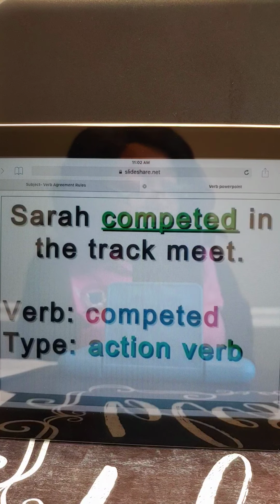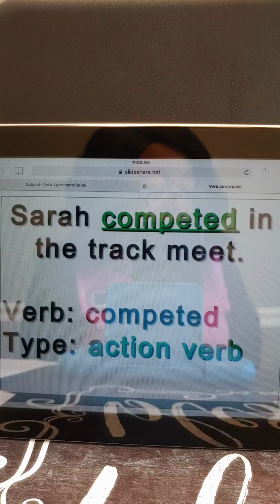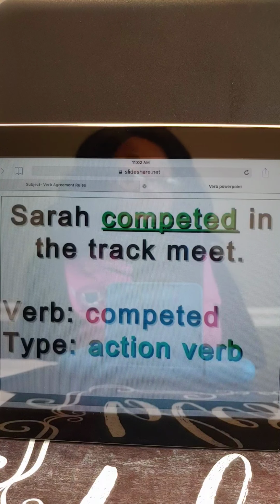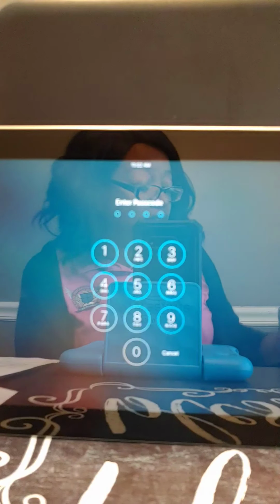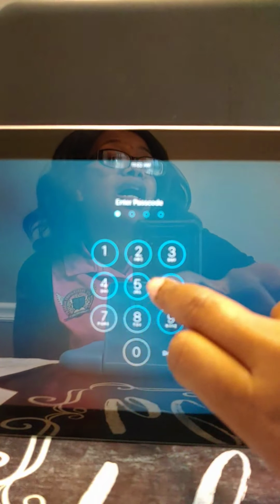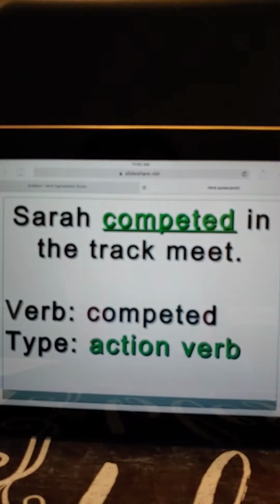Number 1, Louis Pasteur was from Dole, France. Now, if I'm looking at this and trying to figure out which one would be my verb, I would say this would be my helping verb.